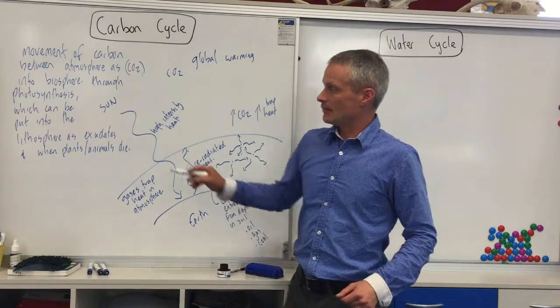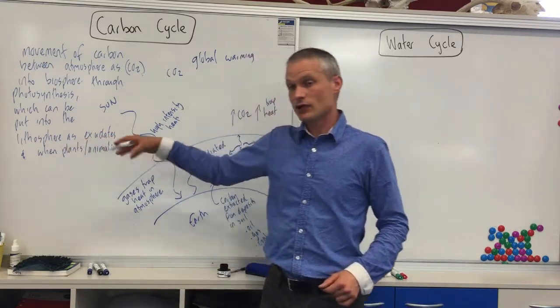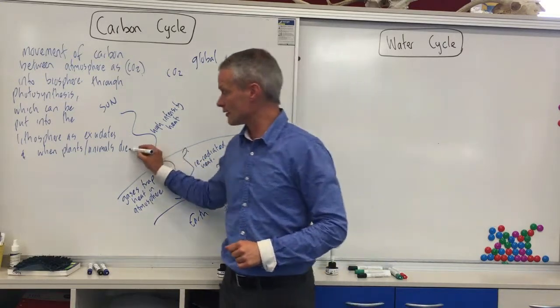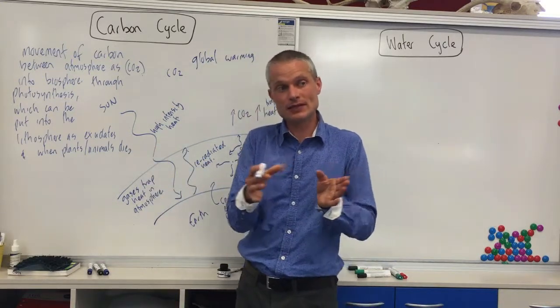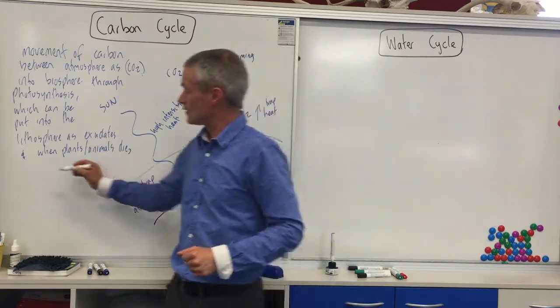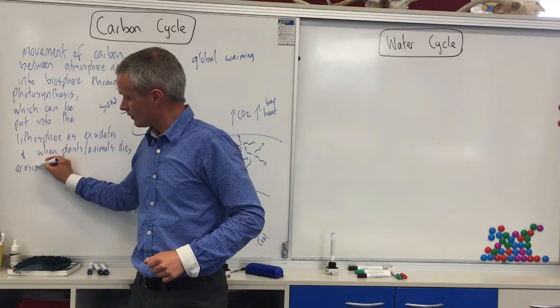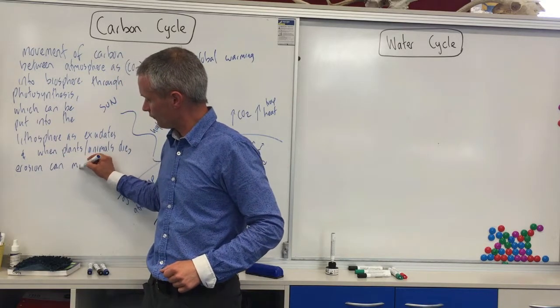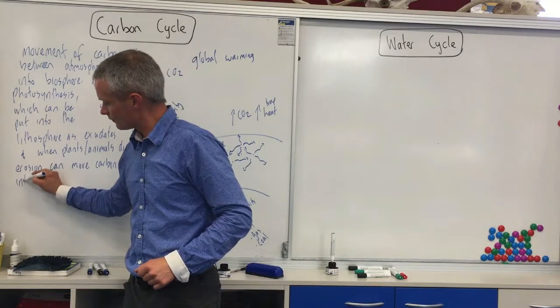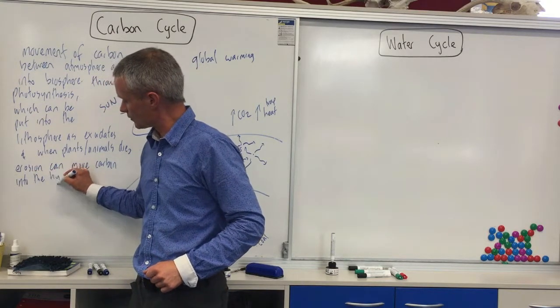And as that ground erodes, the carbon that's in the ground can be eroded and deposited into water, so it can enter into the hydrosphere. So erosion can move carbon into the hydrosphere.